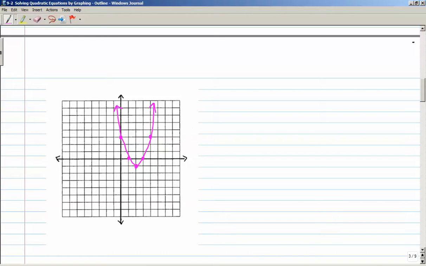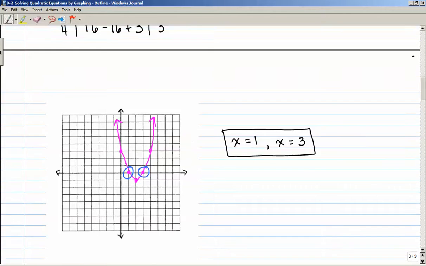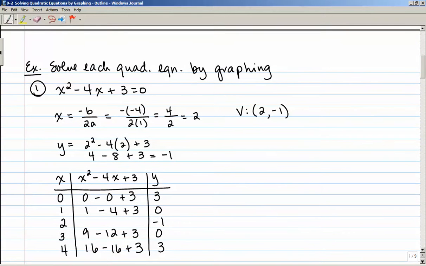Okay, that's the graph of the quadratic function, but the solutions of the quadratic equation are these 2 points right here where it crosses the x-axis. So this crosses the x-axis at x equals 1 and x equals 3. Those are the solutions to the quadratic equation x squared minus 4x plus 3 equals 0.